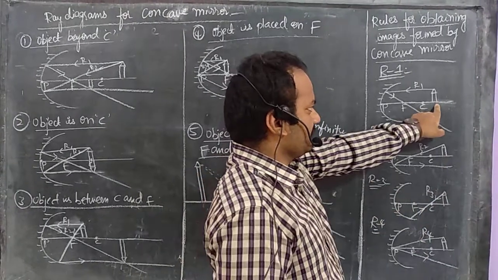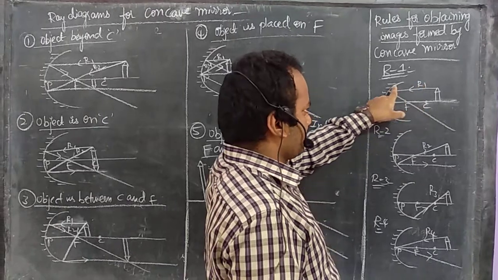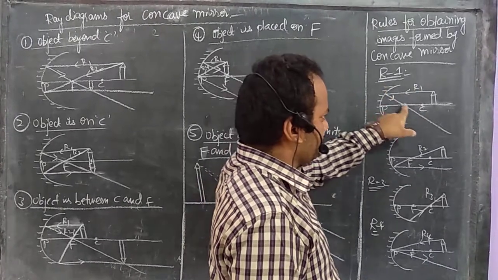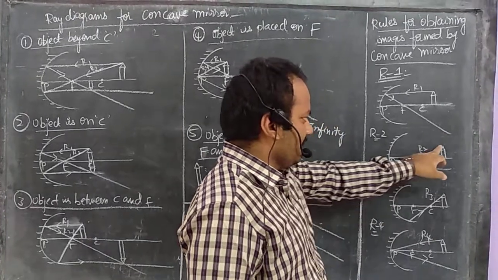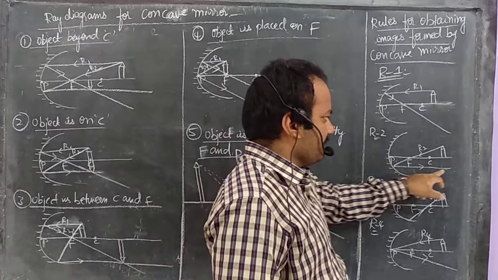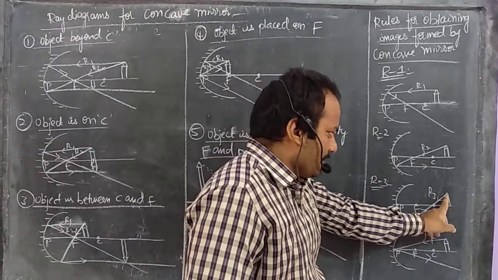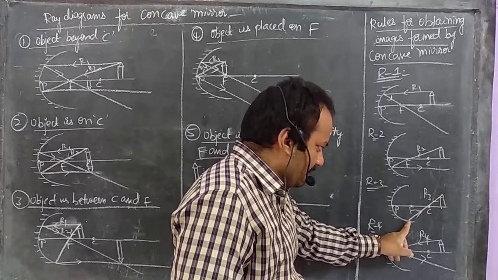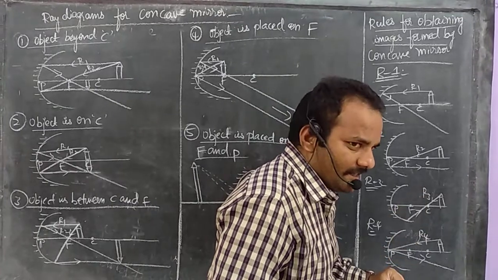See, in the first rule, the incident ray was parallel to the principal axis, and after falling on the concave mirror, it reflects and the reflected ray passes through the focus. Rule 2: the incident ray was passing through the focus, and the reflected ray was parallel to the principal axis. Rule 3: the ray passing through the center of curvature and the reflected ray moving back in the same path but in the opposite direction.